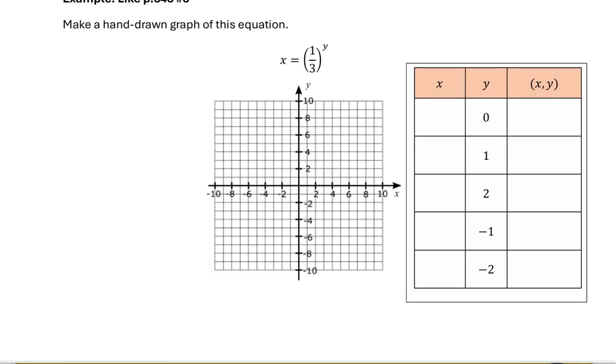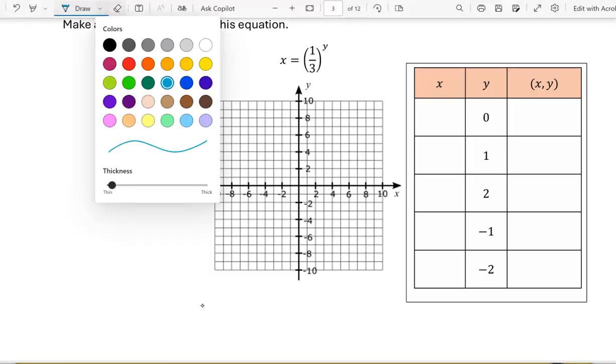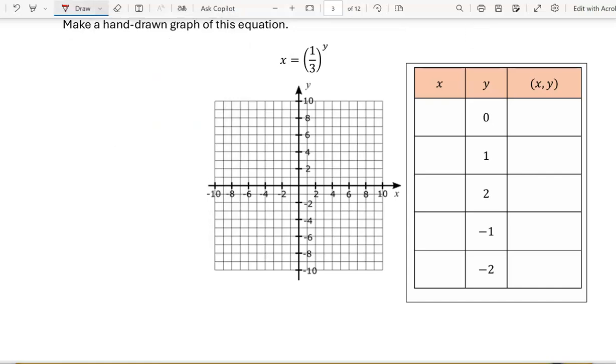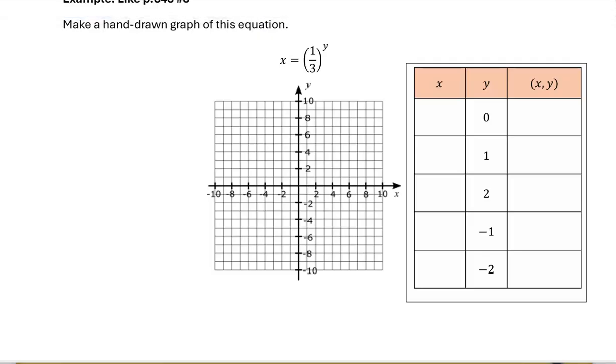And they want us to do this by hand, it said. So let's do a point-by-point analysis like we did before. Okay, so I'm going to start with y values for the exponents and work out those powers for x. So, of course, if y is 0, the power 0 is 1. So then the x would be 1.